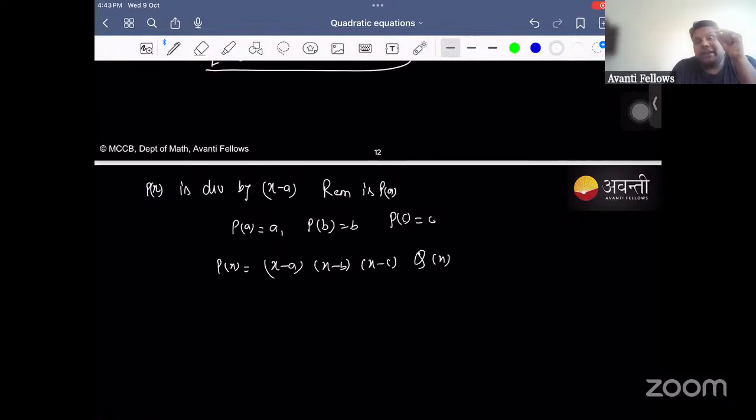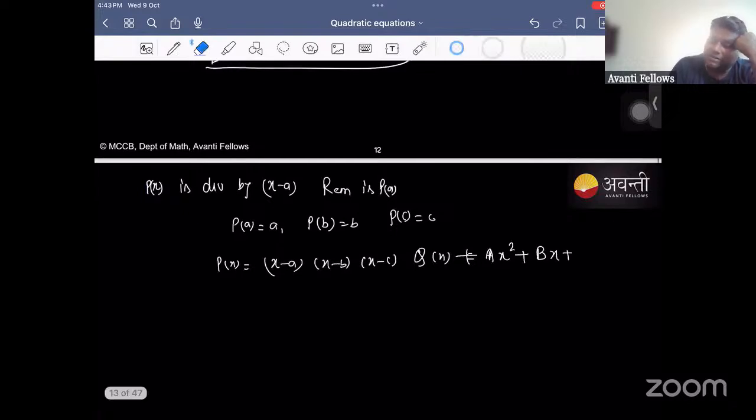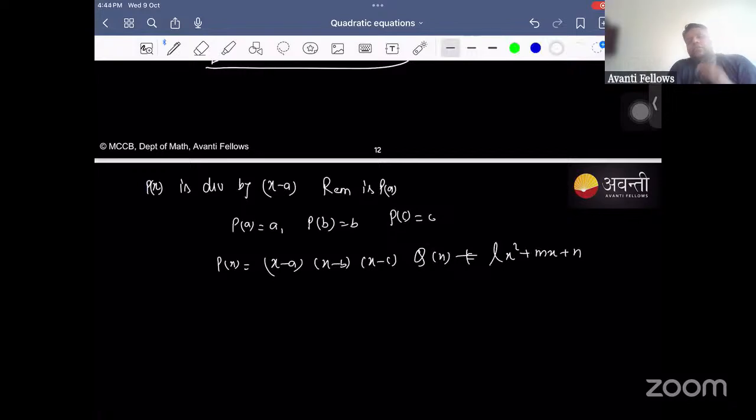Now, if you are dividing a polynomial by a cubic, remainder will be at most quadratic. Let us take it as l x square plus m x plus n. So whenever I divide a higher degree polynomial by a cubic, the remainder can be up to quadratic.